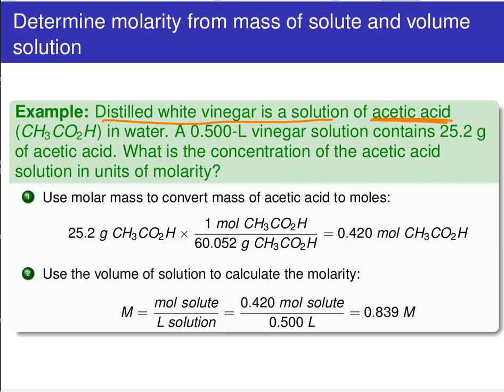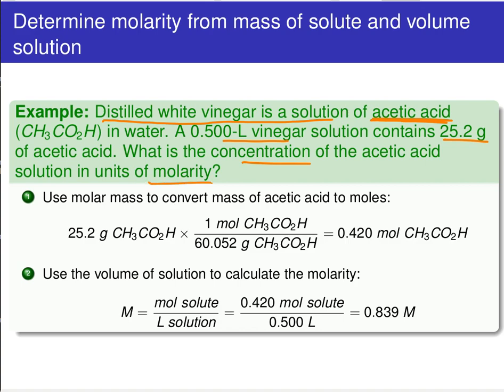We're given a 0.500 liter vinegar solution, and we're told that it contains 25.2 grams of acetic acid. Now we want to use this mass and volume information to determine what the concentration of acetic acid is in units of molarity.